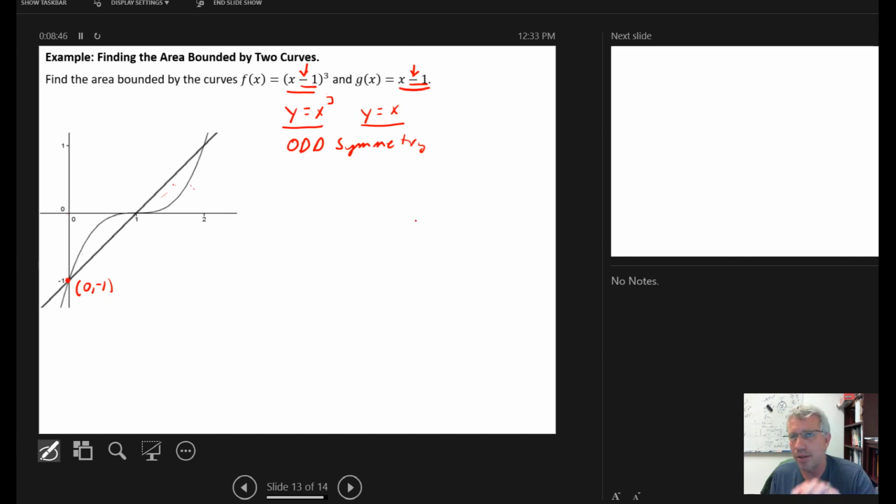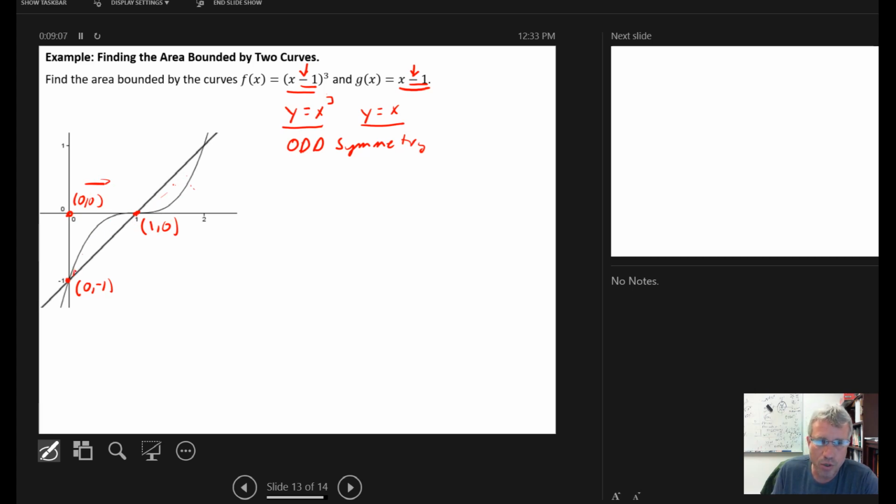So instead of having odd symmetry with respect to the origin like x cubed and x do, x minus 1 cubed and x minus 1 have odd symmetry with respect to a shifted point. The origin gets moved 1 to the right. It winds up at 1, 0. So we do have odd symmetry with respect to the point 1, 0.